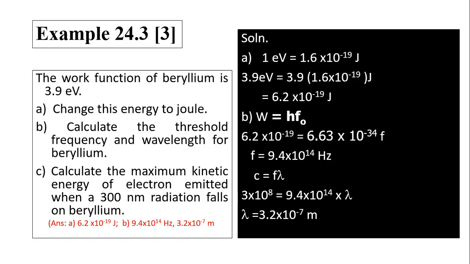You must know your visible light. Visible light is about 400 to 800 nanometer. So this one is in ultraviolet. Okay, now you can use your formula to calculate your part C.